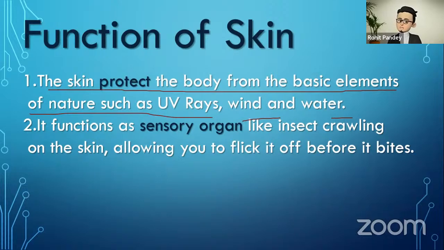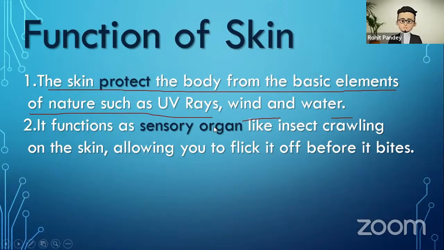If there were no skin layer on our body, direct contact would be harmful for us. But because of our skin layer, the skin protects our body from these UV rays, wind and water.